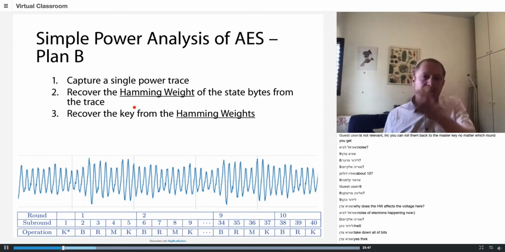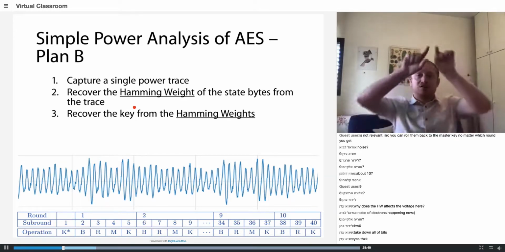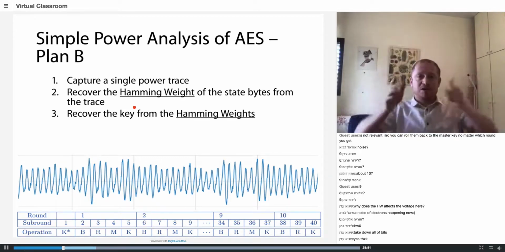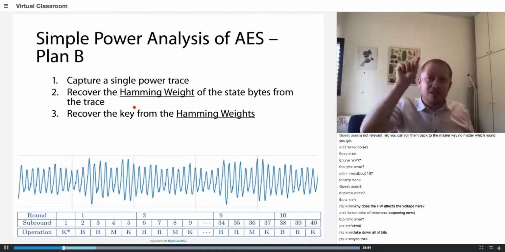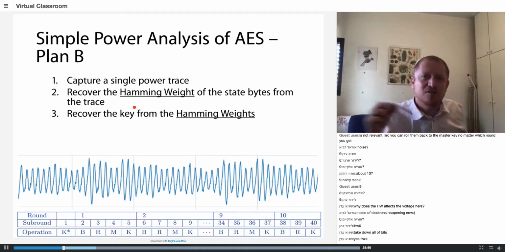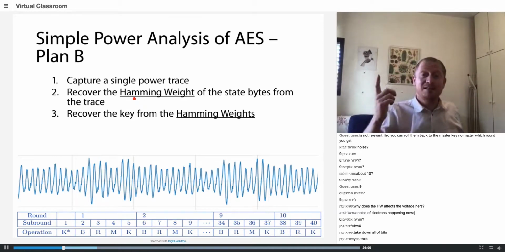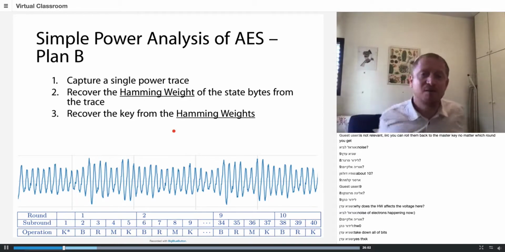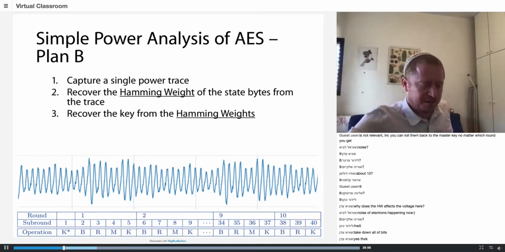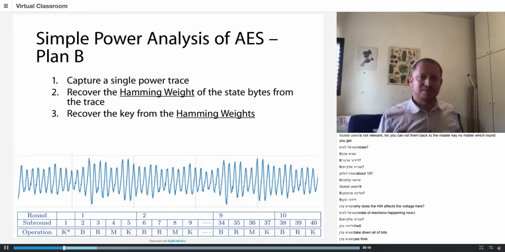And then I'm going to have a vector of 16 by 40 values, but each one of the values here is not going to be the value of the byte. It's going to be the Hamming weight of the state bytes. And then I need to recover the key from these Hamming weights. And this is actually something. This is how you do simple power analysis for AES.